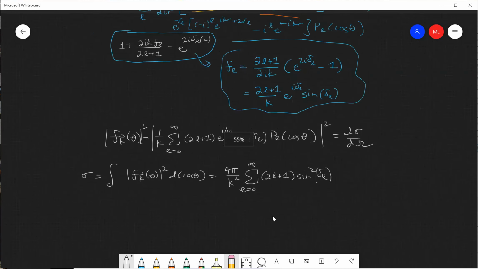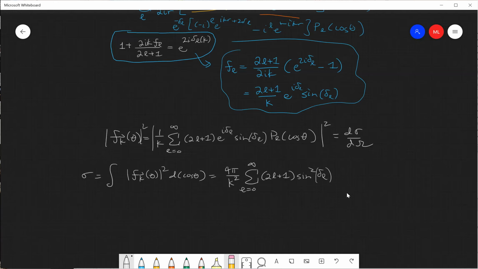So again, this is very powerful, right? It's telling you how those phase shifts are related to these measurable quantities, the differential scattering cross-section and the total scattering cross-section. If you know the phase shifts, which you get from solving the Schrodinger equation, you immediately know the scattering cross-section and the differential scattering cross-section from solving just Schrodinger's equation, which you know how to solve.